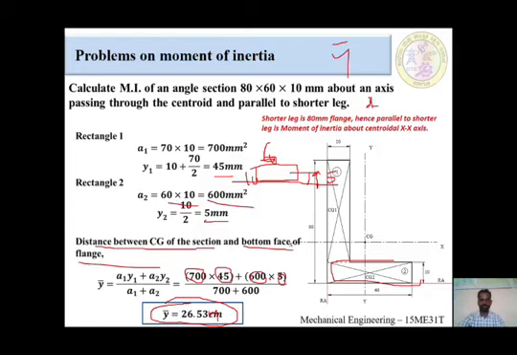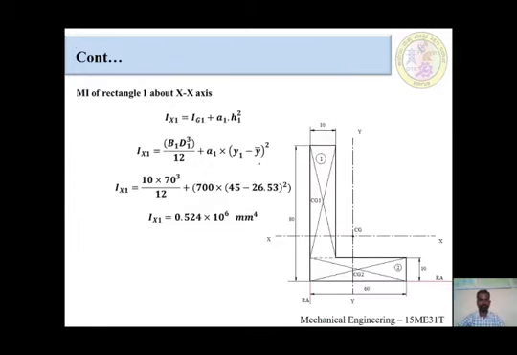We will move to the next slide. Okay. A direct formula is given, like the previous problem. We have to individually calculate for rectangle 1. First, I am taking out the first component like this only. And how much is the distance from here to here? From here to half of the component is 10 plus 70 divided by 2.